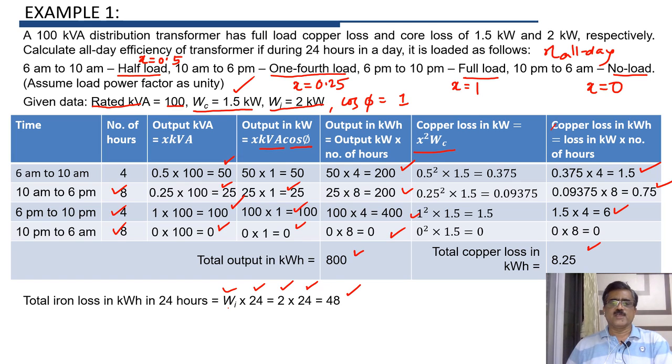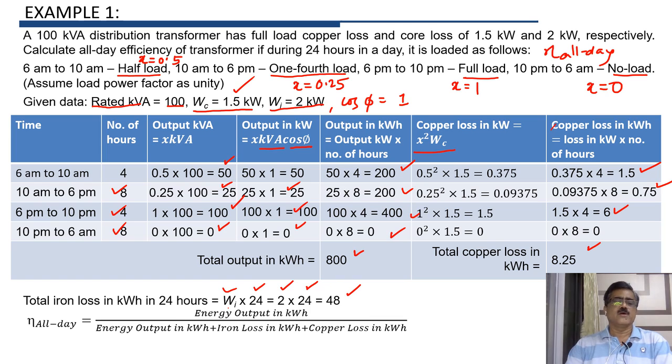Now we can use the expression for all day efficiency and calculate it. All day efficiency is energy output in kWh divided by energy output in kWh plus iron loss in kWh plus copper loss in kWh. Now we can substitute the values. Energy output in kWh is 800, divided by 800 plus iron loss in kWh, which is 48, plus copper loss in kWh, which is 8.25.